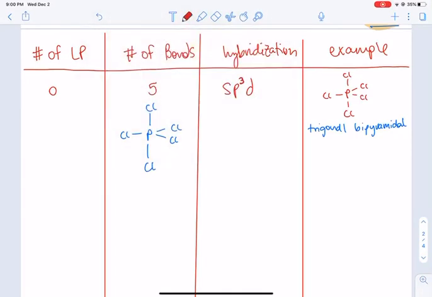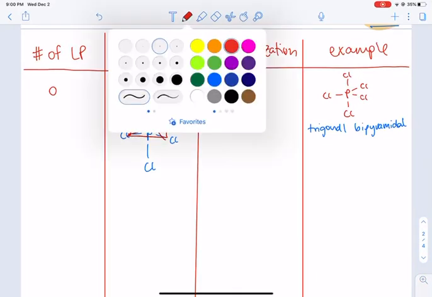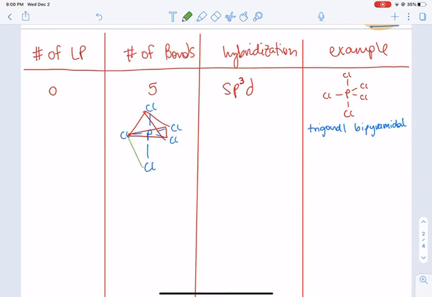You get the trigonal bipyramidal because you have basically a triangle here that forms one pyramid on top, and then a second pyramid that forms on the bottom, right? So you have pyramid number 1 up top and pyramid number 2 on the bottom. That's the bipyramidal part.